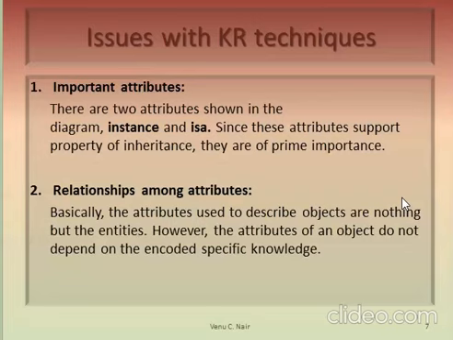Suppose there are different objects and they are having different attributes. They may not be depending on each other. So that is known as relationship among attributes. When we encode specific knowledge using these attributes, they may not be related.